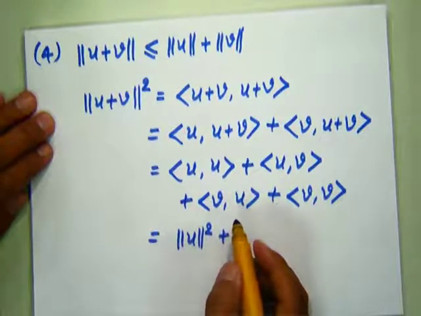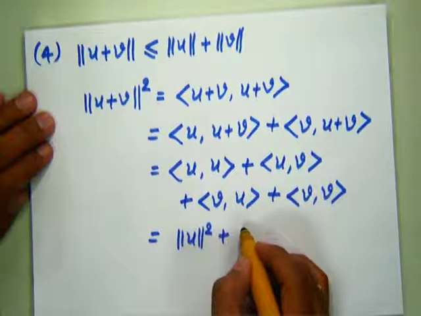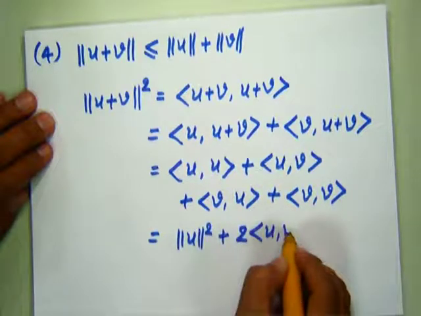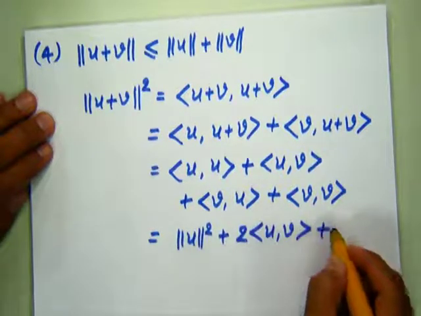By our definition of inner product, inner product of uv is inner product of vu, so it is 2 times inner product of uv, and this is norm of v square.